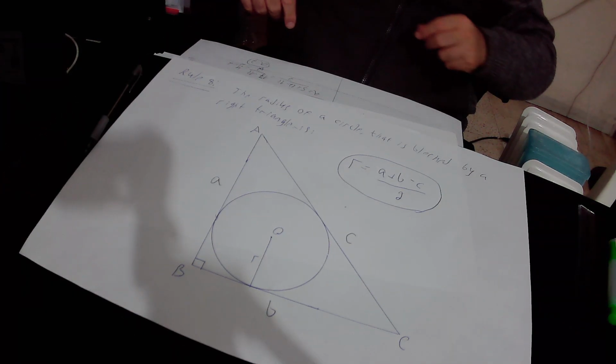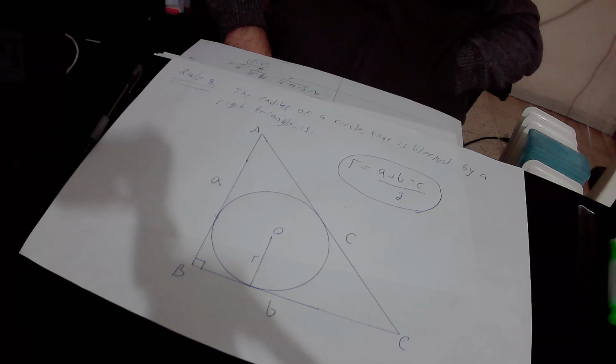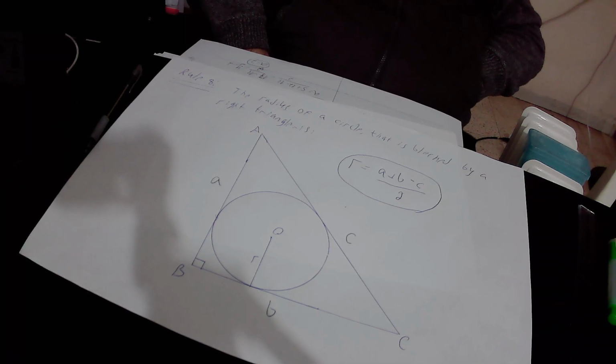According to rule number 8, the radius of a circle that is blocked by a right triangle is R equals A plus B minus C over 2. The meaning of rule number 8 is that we can find the radius of a circle that is blocked by a right triangle only by knowing the side lengths of the right triangle.